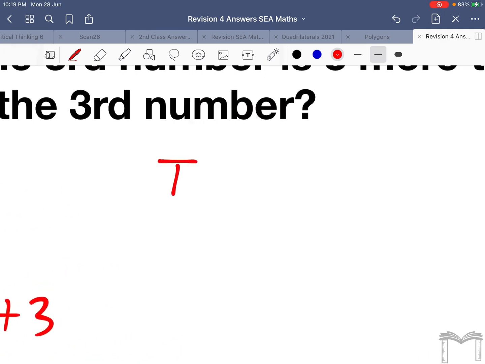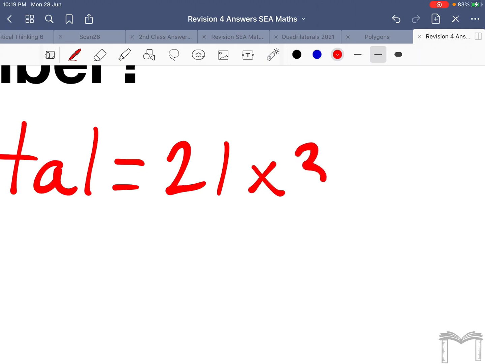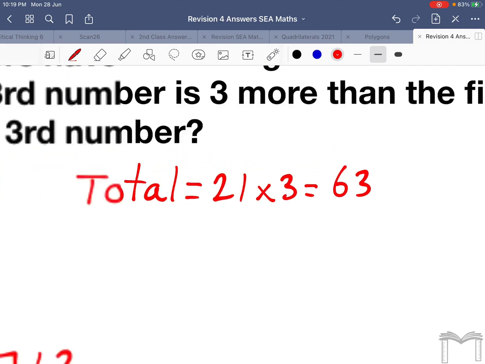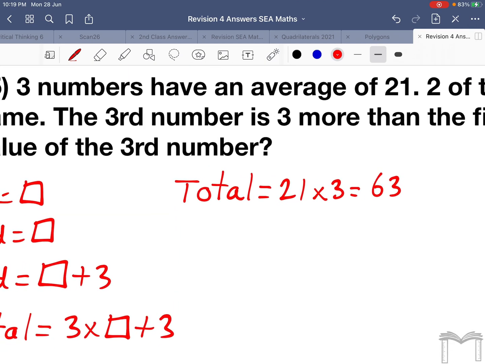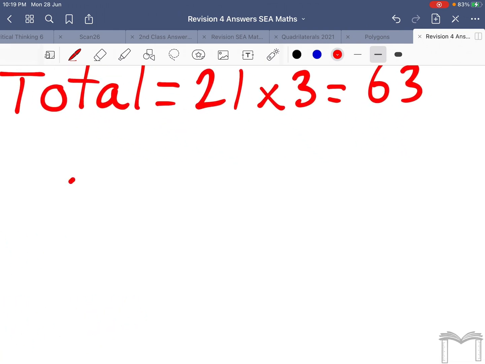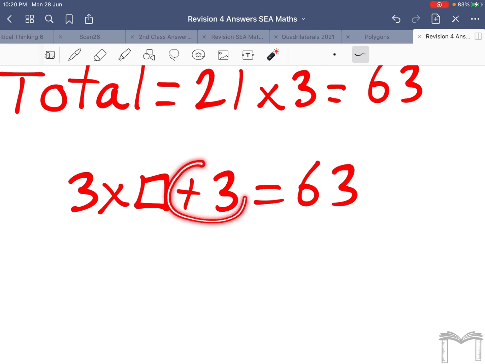So the total for the numbers will be 21 times 3, and that will give us 63. So 63 is equal to 3 times box plus 3. 3 times box plus 3 is equal to 63. So we are going to work backwards. So we have plus 3, so we're going to minus 3.